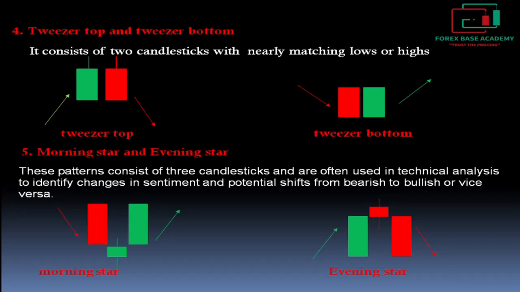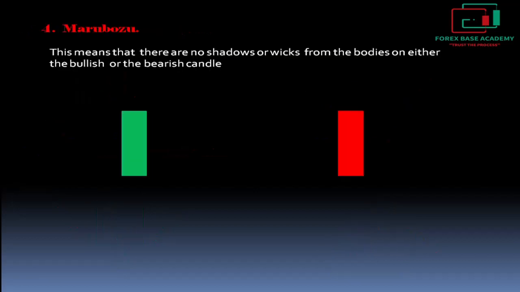So when we see such candles, either the morning star or the evening star, we anticipate a shift in a trend. When you see a morning star, you look for a buying opportunity, and when you see an evening star, you look for a selling opportunity.